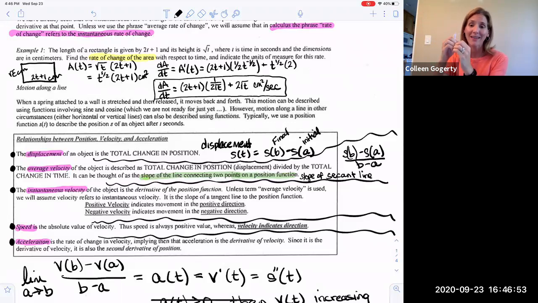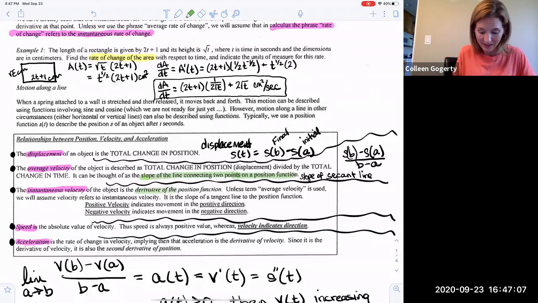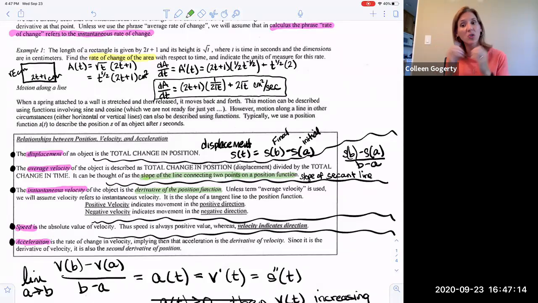And I'm looking then at an instantaneous velocity. What is the derivative of the position function? So we're even listing it out here that an instantaneous velocity means that we're looking at a rate of change between two values that are so close that there's the definition of our derivative, okay?